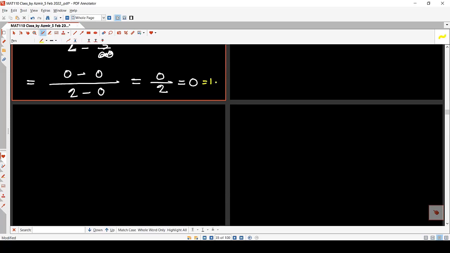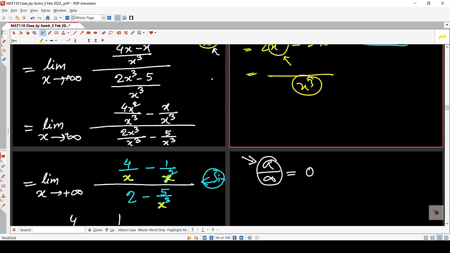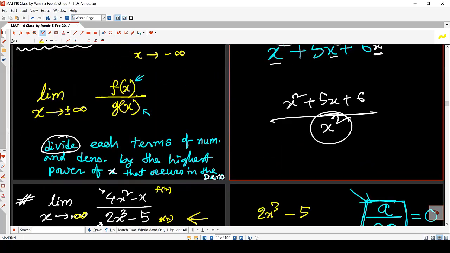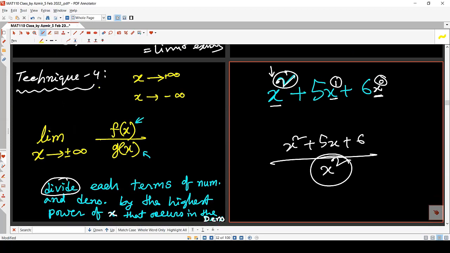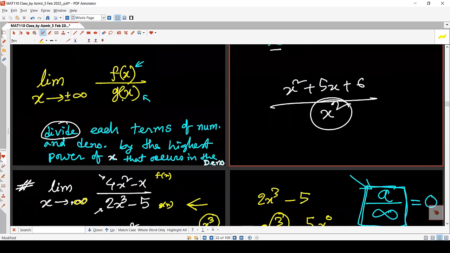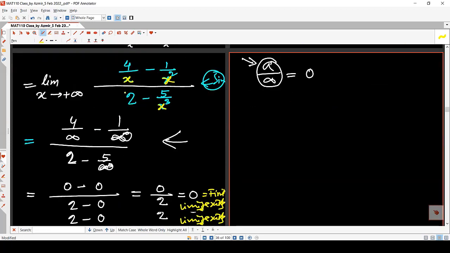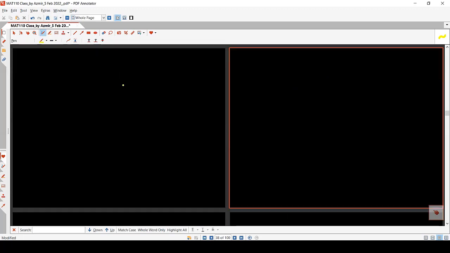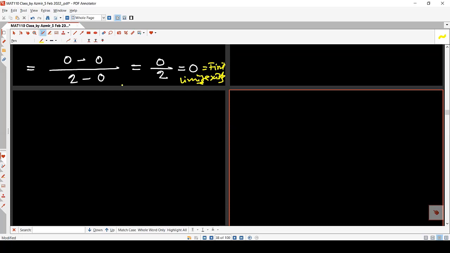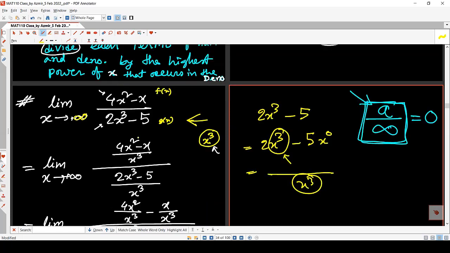That means we have found a finite value, so the limit exists. You can see that by this technique that we have mentioned as technique 4, we can easily solve this problem. Let me solve another problem that is not directly like this one.